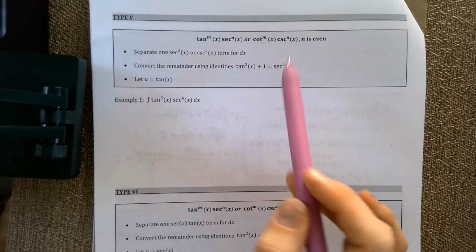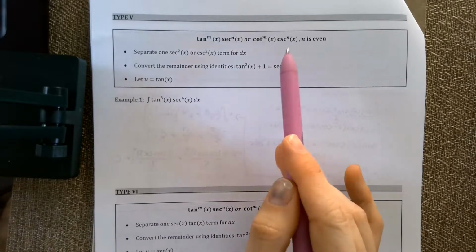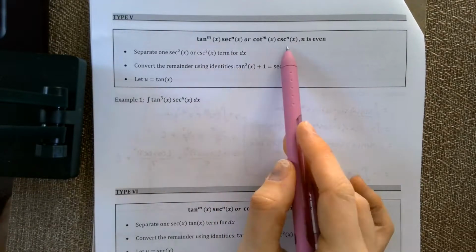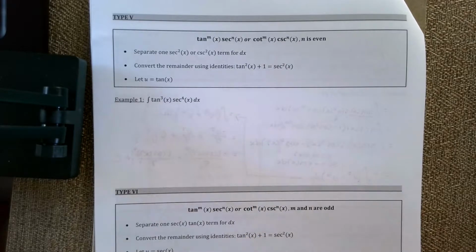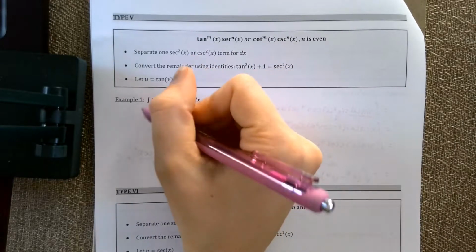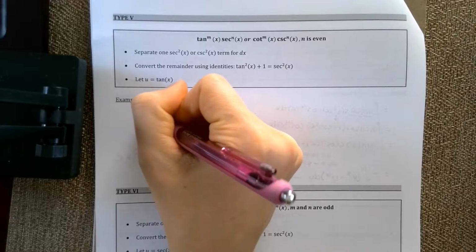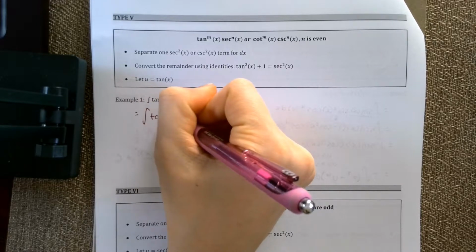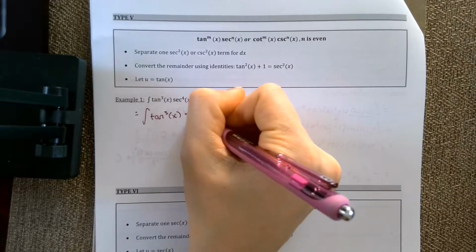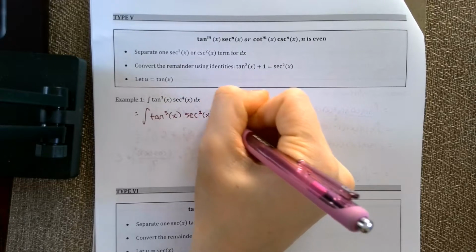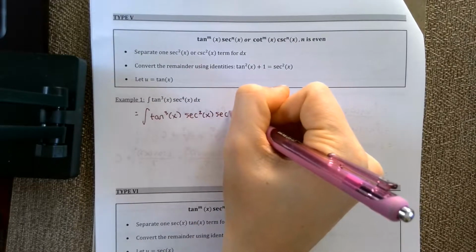So again, this would be a case, type 5, where the power on secant or cosecant is even. So in this example, I am going to leave tangent alone, tangent cubed, but I'm going to split up the secant into 2 parts.